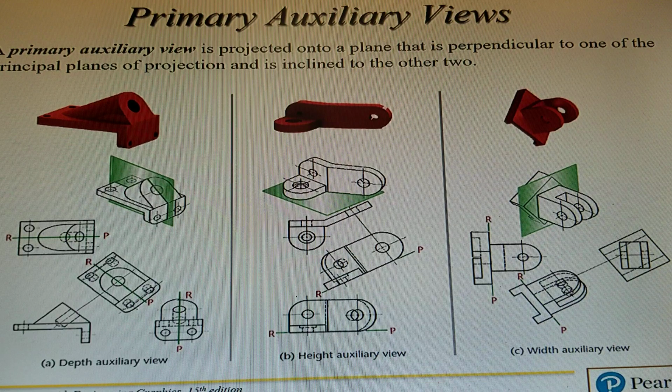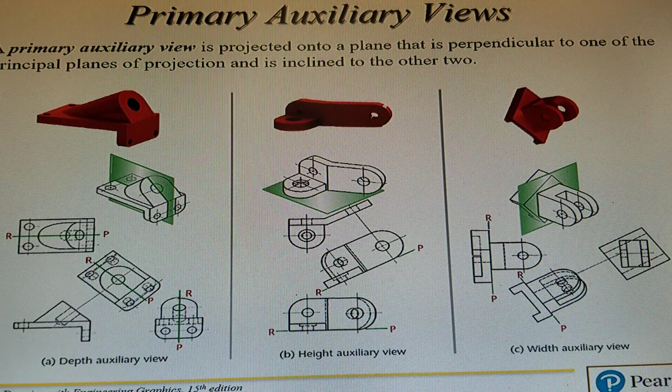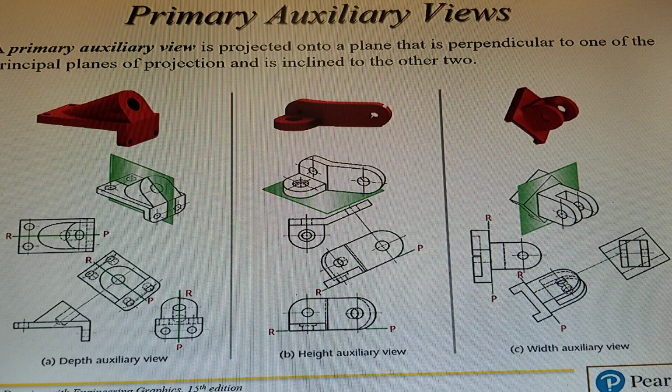Okay, primary auxiliary views. A primary auxiliary view is projected onto a plane that is perpendicular to one of the principal planes of projection and is inclined to the other two. So if you look at drawing A, depth auxiliary view, they're kind of doing a cutting plane line through there if you want to look at it that way.